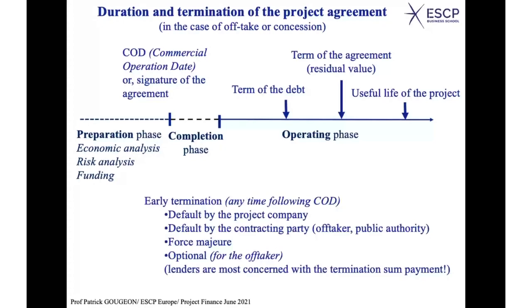You can have another date to be considered, which might be anywhere, which is the early termination. Early termination might occur, for instance, if you have a default by the project company. Why would the project company default? Maybe because after some years, they realize that the completion of the project will be much more expensive than expected.